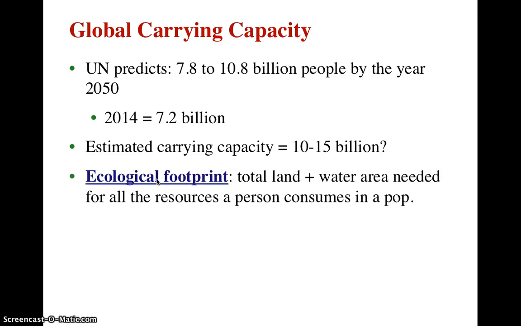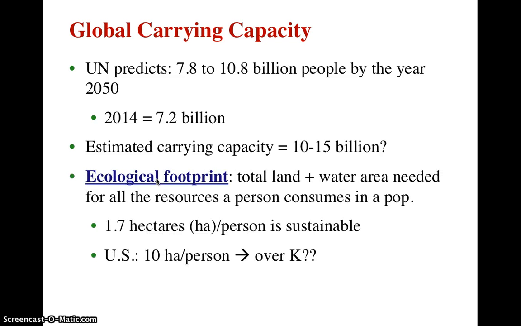Now we're gonna talk about global carrying capacity. Here you go. So the United Nations predicts 7.8 to 10.8 billion people by the year 2050. However, in 2014, we are already at 7.2 billion.